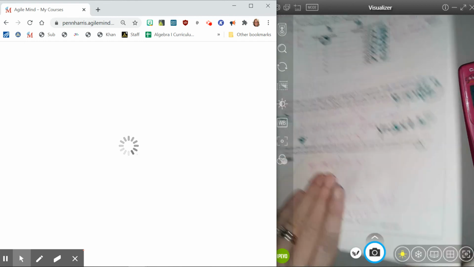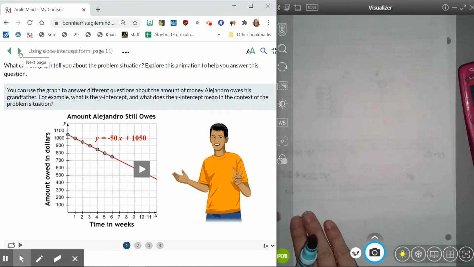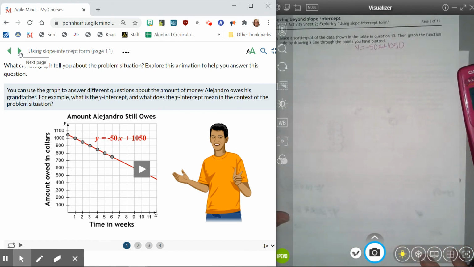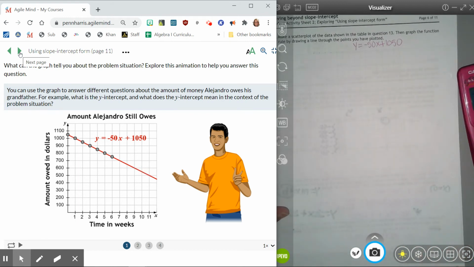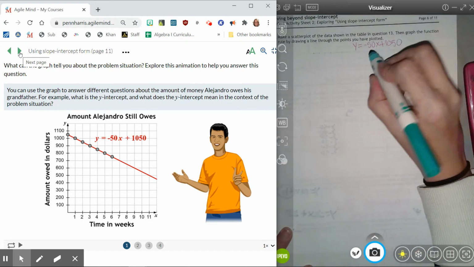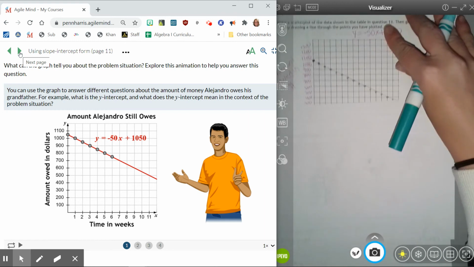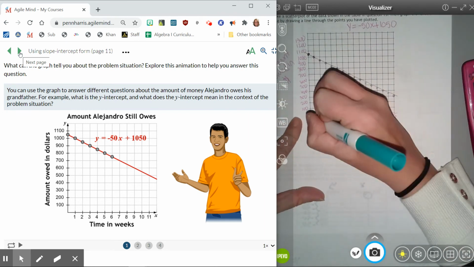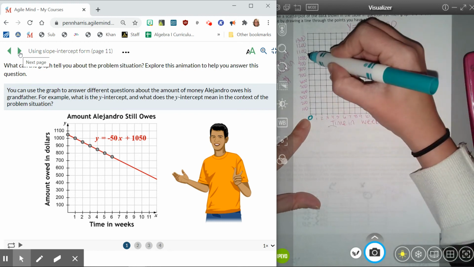So what they want us to do here is make a scatter plot using the information from our table. We also have our rule. So what I did was I said that at 0, he borrowed 1050 from his grandfather, and we'll just have to approximate this.